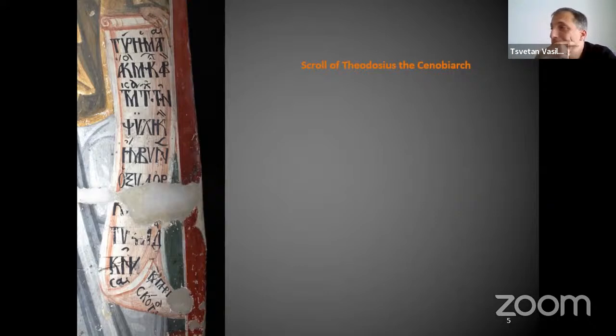So these are notes, and we have some very famous painter manuals that are edited and published, and it is a very good point to start when identifying such inscriptions.